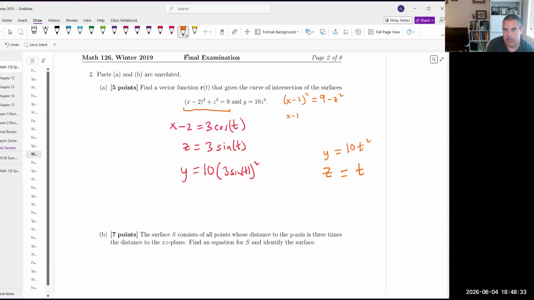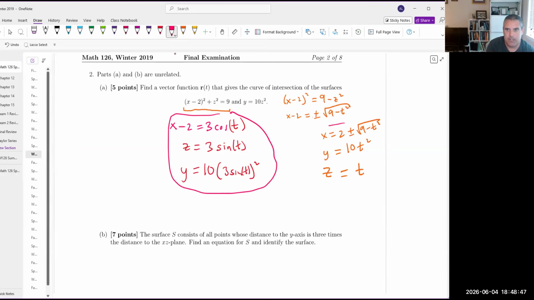So you'd have x minus 2 is plus or minus the square root of 9 minus t squared. And you'd have x is 2 plus or minus the square root of. So I would accept either this answer or this answer. They're both fine for me. Those are two different parameterizations of the same thing.